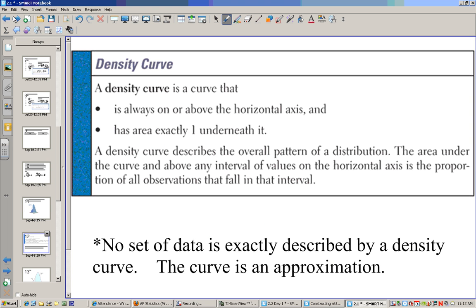A density curve is always above the horizontal axis, and this is big. It always has an area of 1 underneath it. The density curve describes the overall pattern of the distribution. The area under the curve and above the interval of values on the horizontal axis is proportional to all observations that fall in that interval.